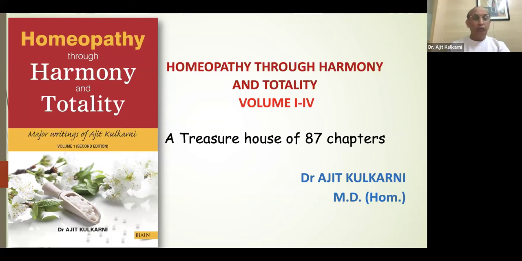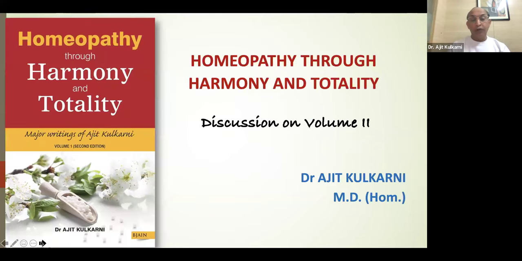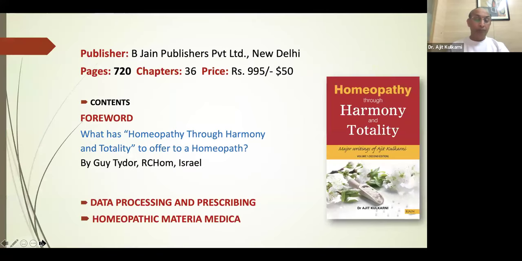So now I'm talking on volume second, which is devoted to two things. First, it is devoted to data processing and prescribing. You know the importance of both of them for a conscientious, sincere homeopath.